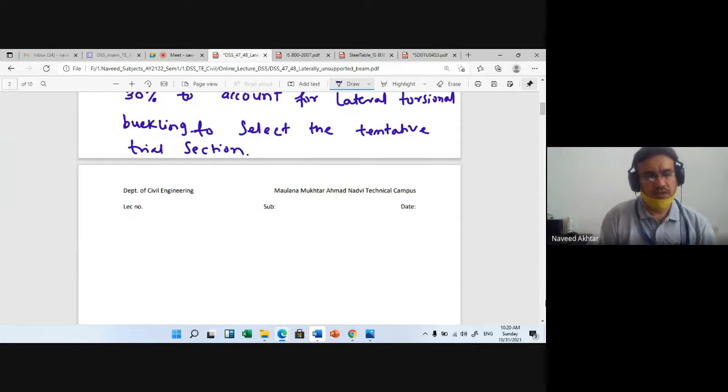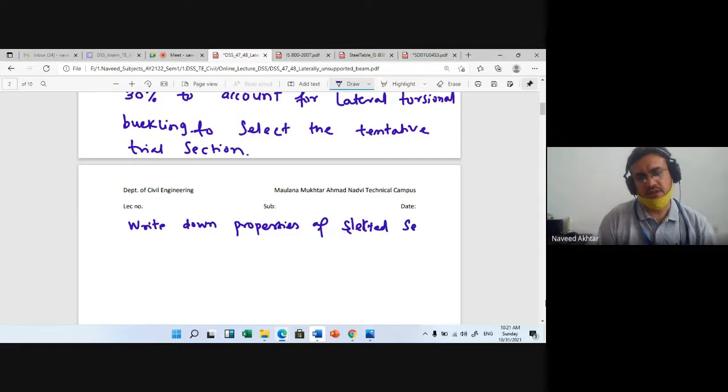Then write down the properties of the selected section.